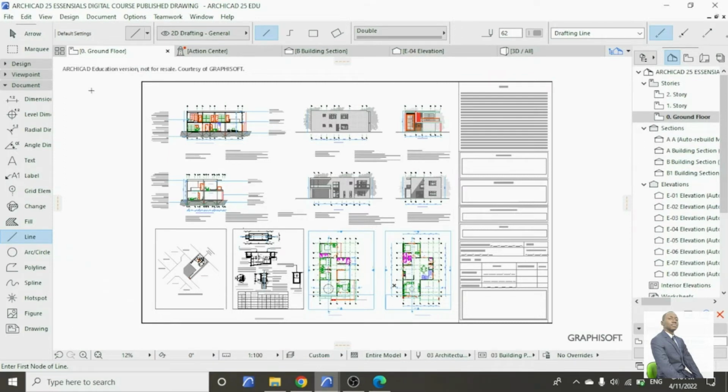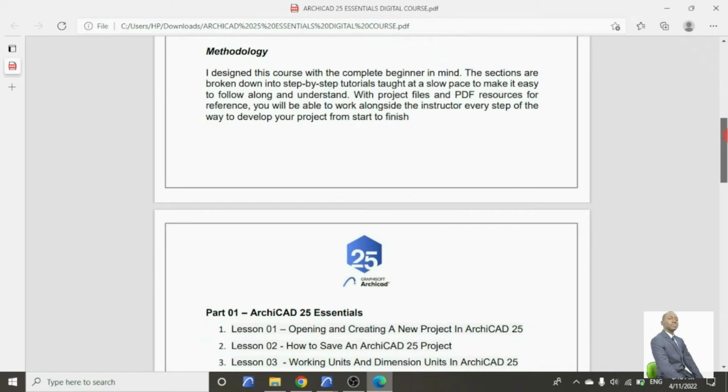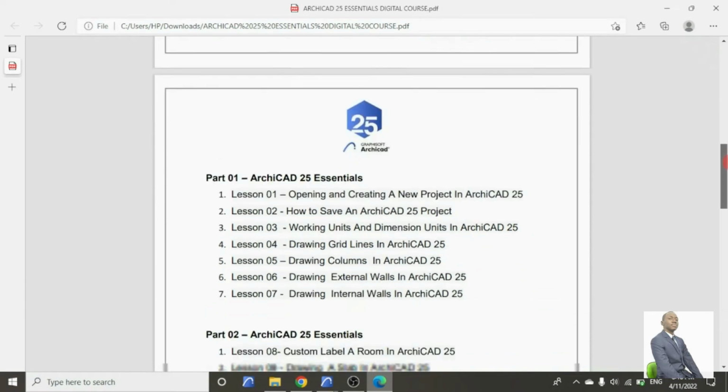And here is a breakdown of the parts and lessons in this course.